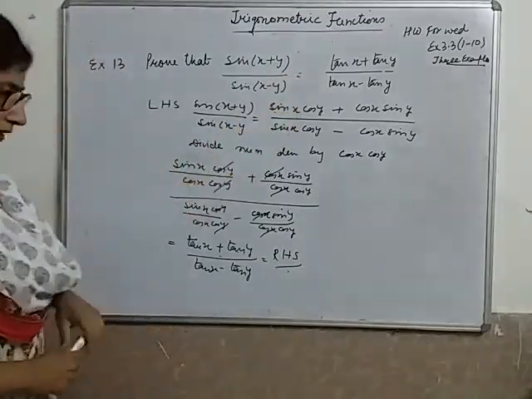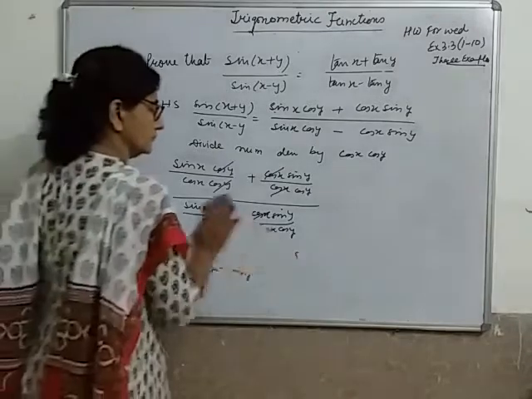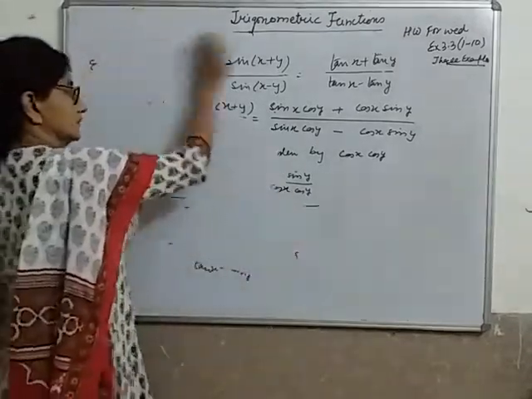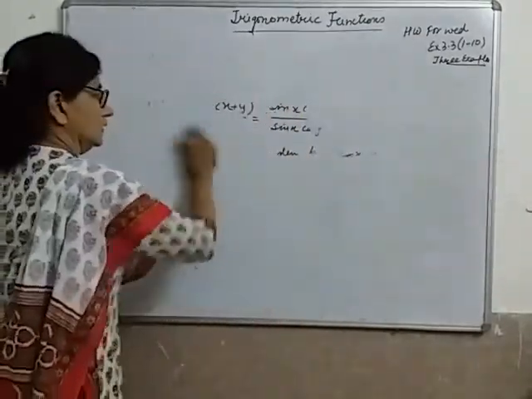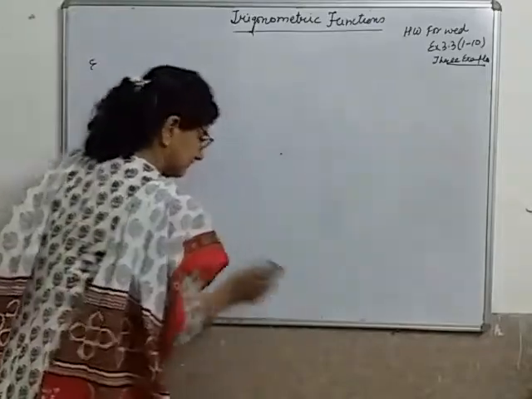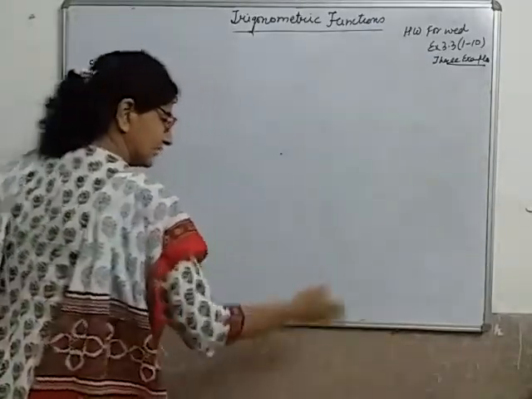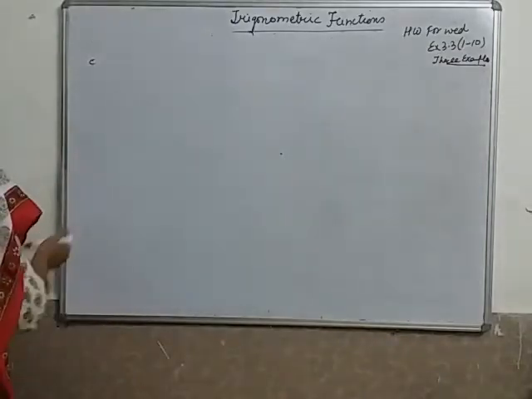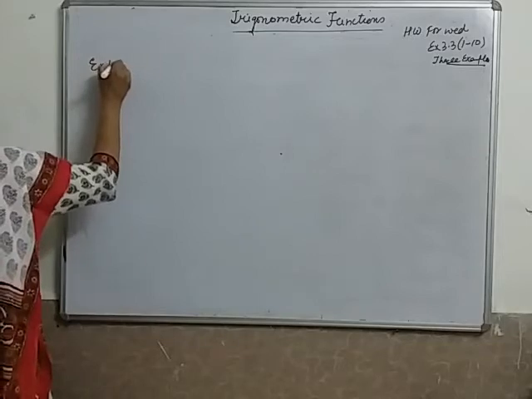Okay. I am taking one more example before we proceed to the exercise. That's slightly different. There is no left, no right. We will start ourselves and reach left and right together. Okay. Example number 14.